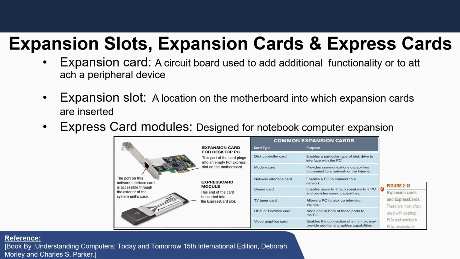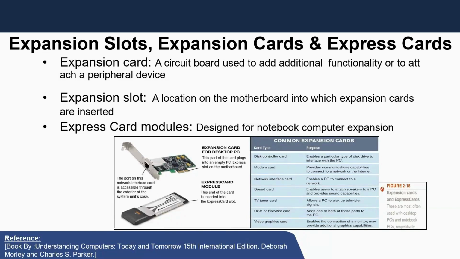If some audio analysts want to install a sound card that is Dolby certified, for example, because the normal sound card that we have built into our computer or motherboard does not provide such certifications. So if someone wants some type of sophisticated sound card, they can use the expansion slot of the motherboard that is provided. So we have different types of expansion cards.